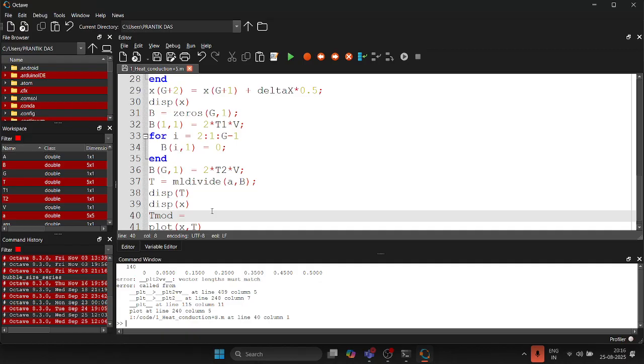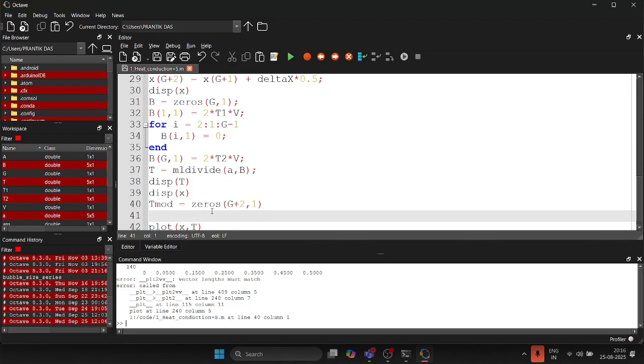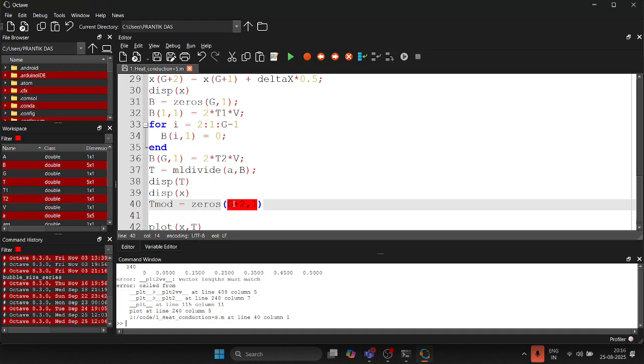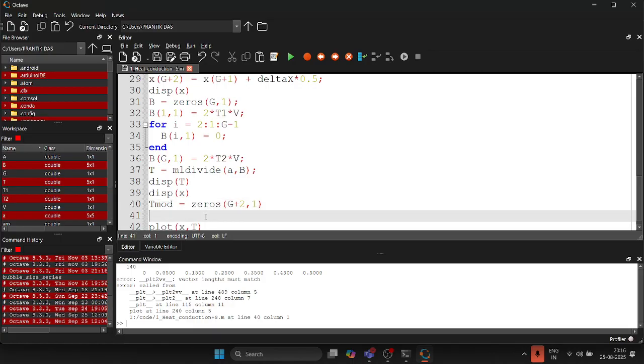Okay, so T mod is basically equal to zeros G plus 2 comma 1. Now why G plus 2 comma 1? The matrix dimension is G plus 2 comma 1, since temperature itself is a column matrix, and zeros means I am taking all the matrix elements to be 0.